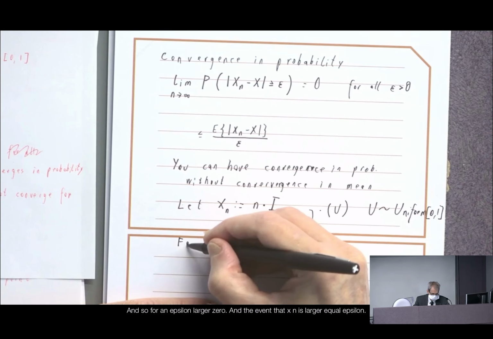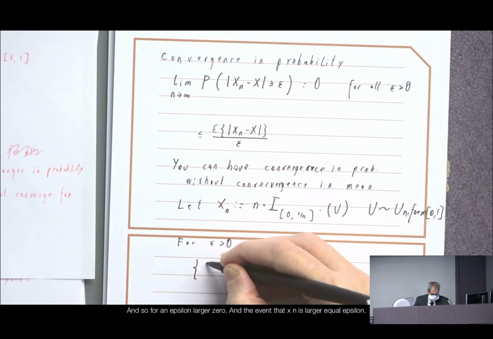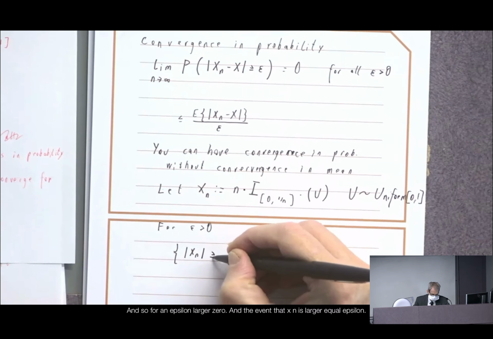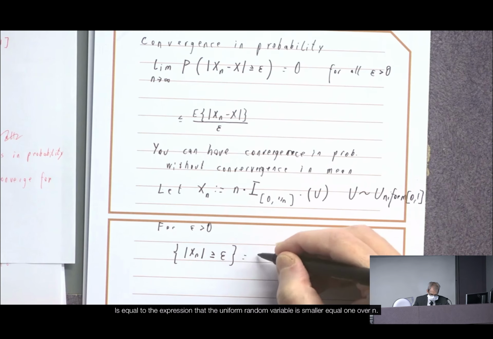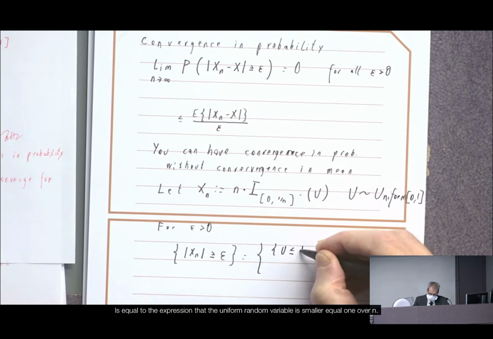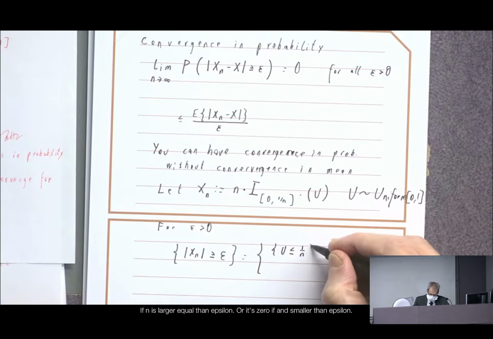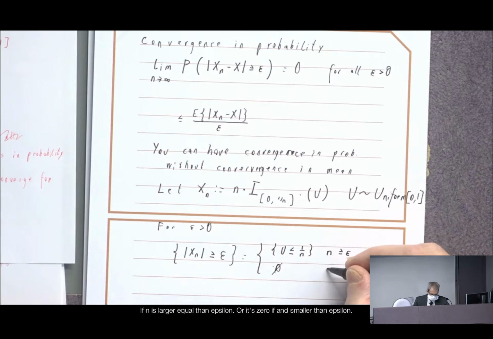And so for an epsilon larger than 0, the event that Xn is larger or equal epsilon is equal to the event that the uniform random variable is smaller or equal 1 over n, if n is larger or equal than epsilon, or it's empty if n is smaller than epsilon.